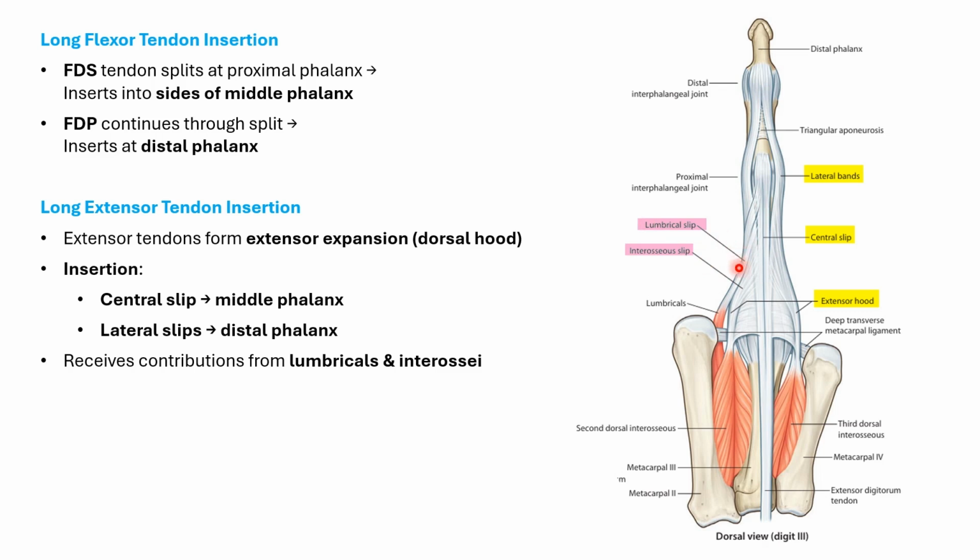Lumbrical slip connects with the lumbricals and the interosseous slips connect with the interosseous muscles. So you can understand it receives contribution from lumbricals and interosseous.